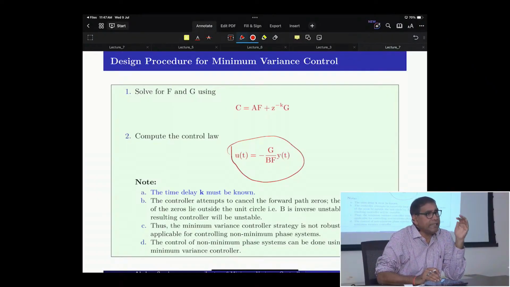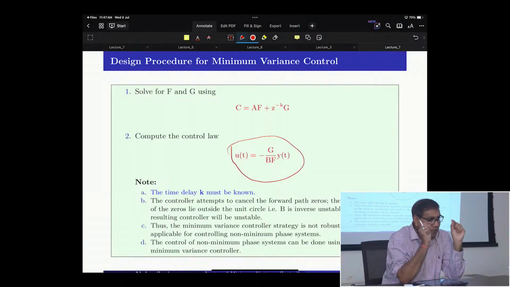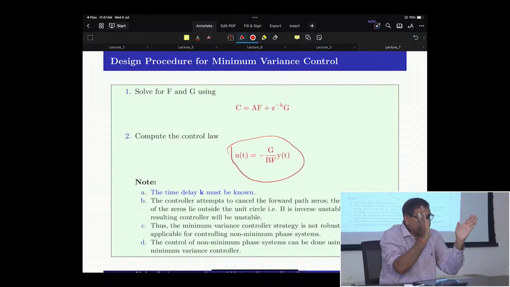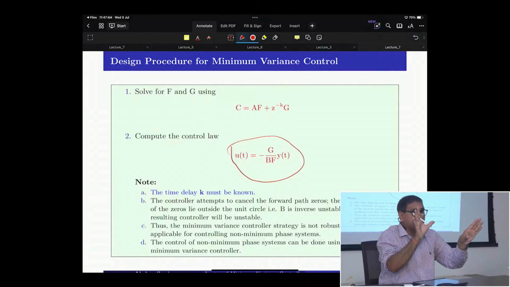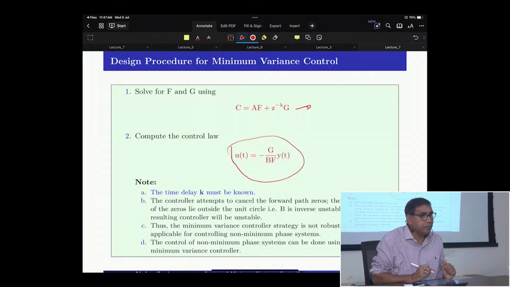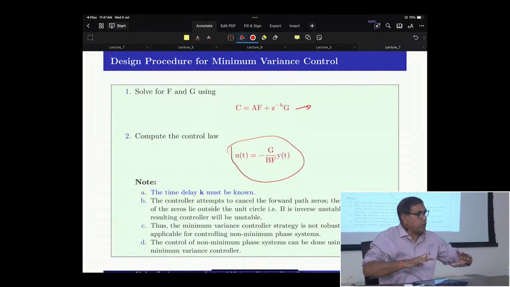whenever you design any controller on the discrete parametric model, in any textbook you go to now, they will say consider the Diophantine identity and they will use a similar type of identity, right? What it does, it splits into two parts. Okay, and then the analysis follows.